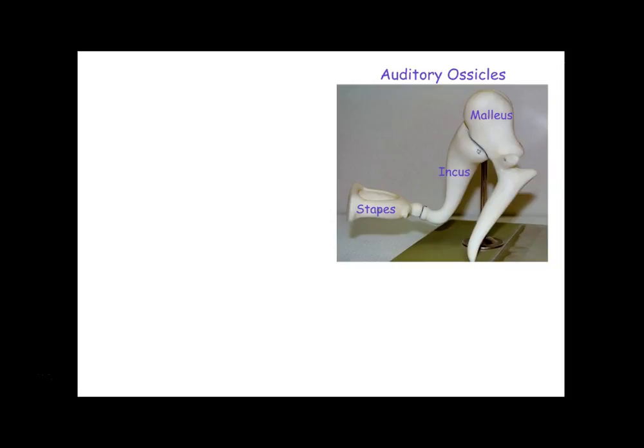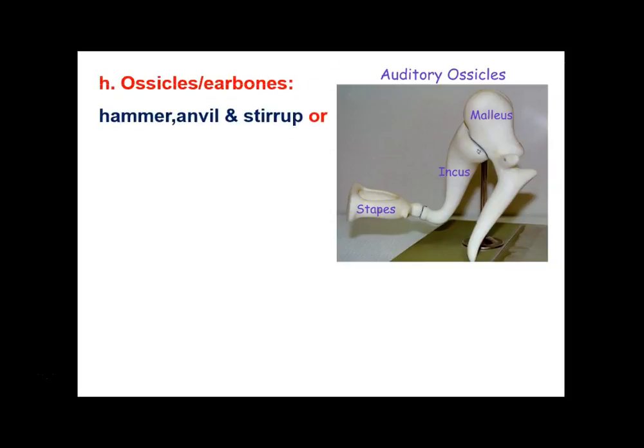Three more bones dealing with the skull, and they are the ossicles or the ear bones. You may know them as the hammer, the anvil, and the stirrup, but technically they are the malleus, the incus, and the stapes. And what happens is the eardrum is vibrated by sound waves, which causes these three bones to vibrate. The vibration is transferred to the stapes, and it's sitting on an oval window that causes the oval window to vibrate.